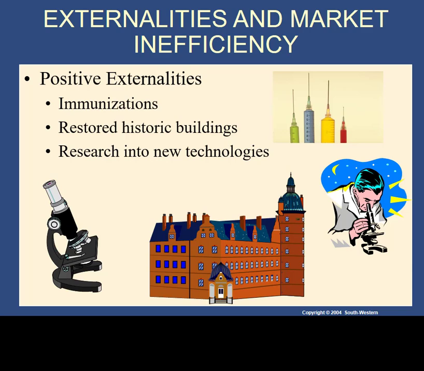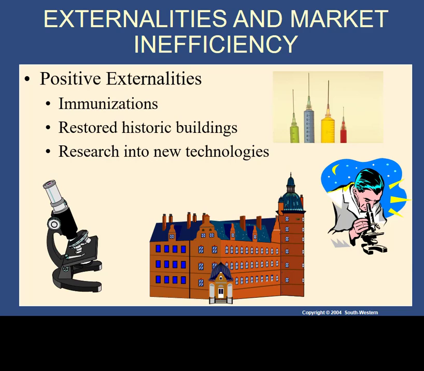Microwave technology is one example. But the people that are building microwaves today and selling them to consumers didn't pay any of the research costs associated with the development of the microwave. So it was a benefit to those businesses.